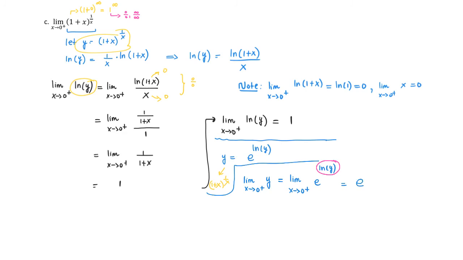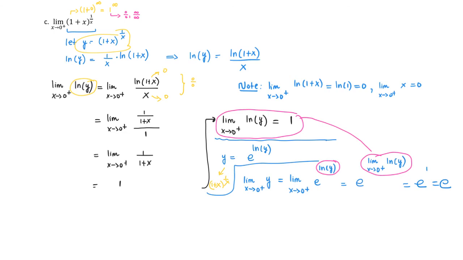So this is equal to e to the limit as x approaches 0 from the right of the natural logarithm of y. And now remember, we already know that this limit, the limit as x goes to 0 of the natural log, is equal to 1. This is exactly the same limit there. So I can write this as e to the 1, which is e.